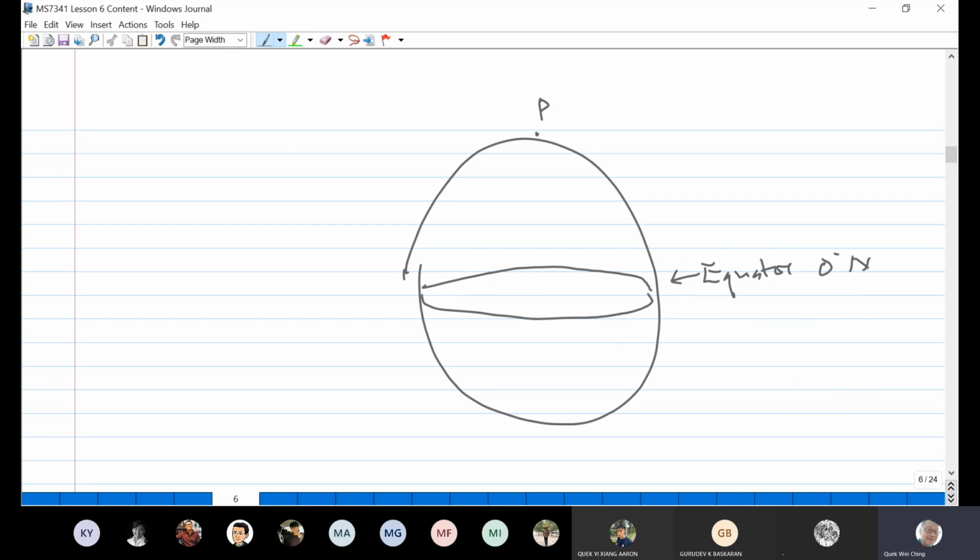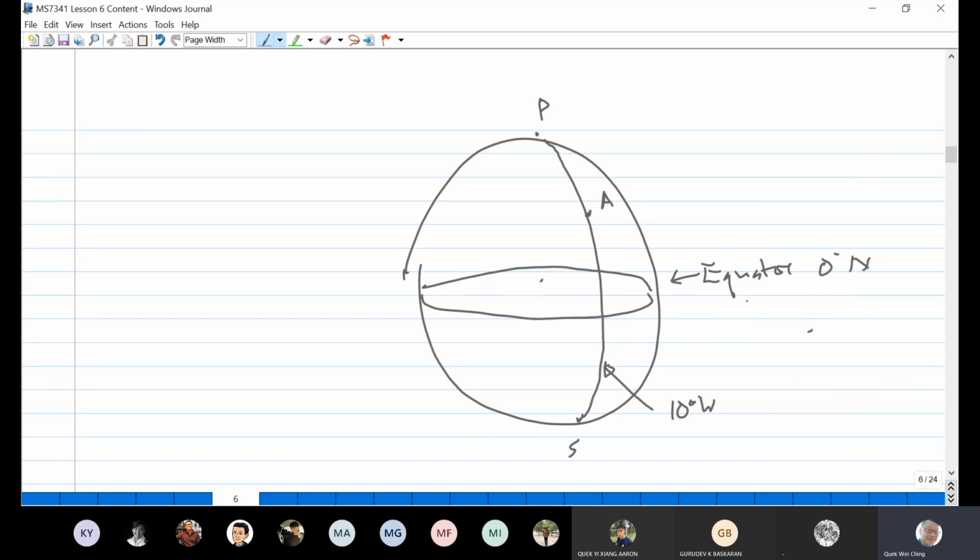Then let's see, I draw a meridian. Let's say this is 10 degrees west. The South Pole here. And point A is 51 degrees north, 10 degrees west. Where is this?